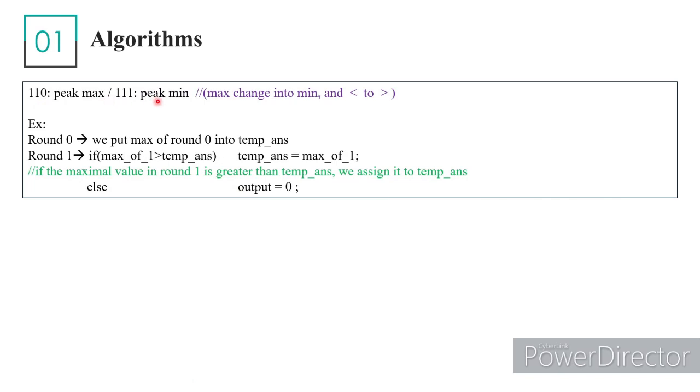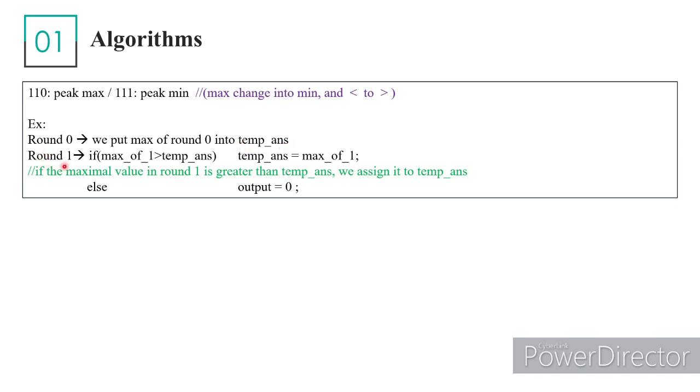For peak maximum and peak minimum, we haven't come up with concrete Verilog code, so we now just introduce our thought. In round 0, it would have its maximum value, and we store its maximum value into the temporary answer.